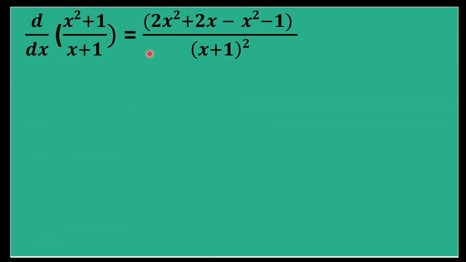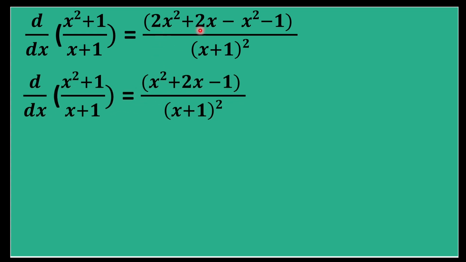We subtract this x square from 2x square, so this will become x square plus 2x minus 1, divided by (x plus 1) square. So this is our final answer after differentiating (x square plus 1) divided by (x plus 1).